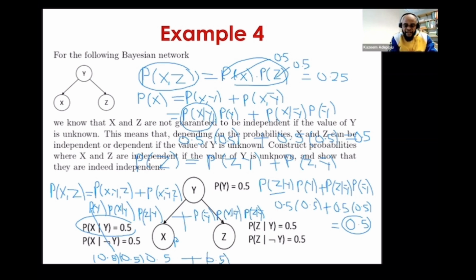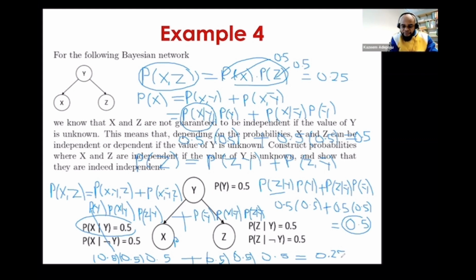What is the probability of s given y bar? When you take a look at it here, it's also 0.5. And what is the probability of z given y bar? I have 0.5. Now, when you multiply all that and add up, that should give you 0.25.